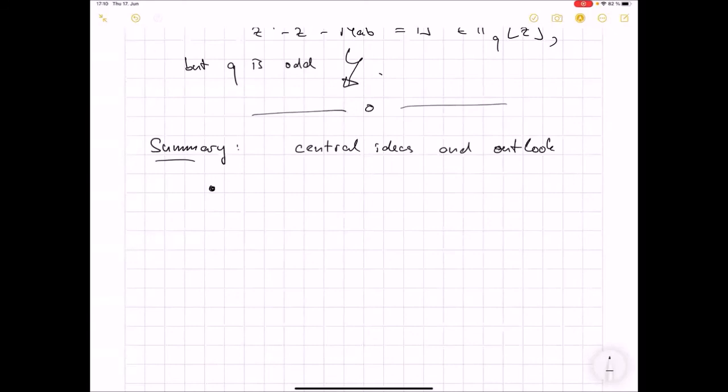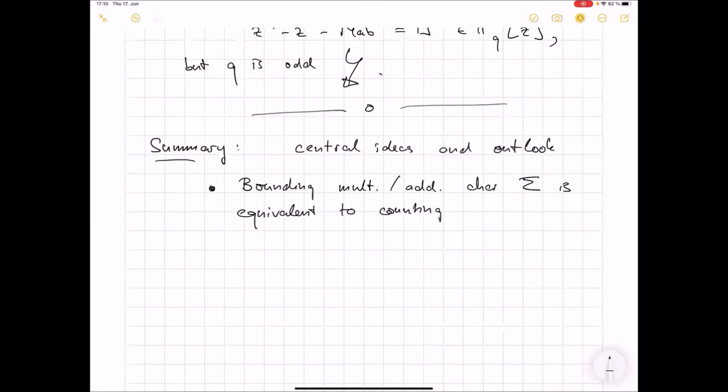So first of all, bounding multiplicative or additive character sums is equivalent to counting points on y^d minus f of x equals 0, respectively, z^q minus z minus g of x equals 0.